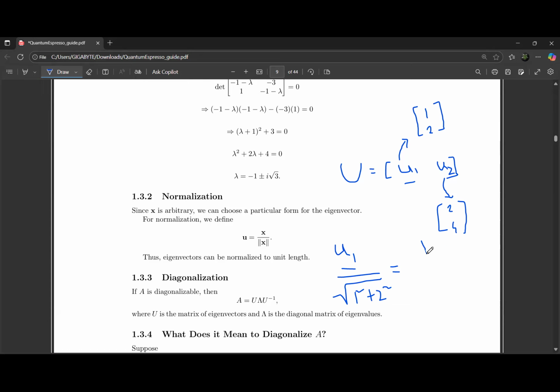And what we will get is... so that was for the normalization section.